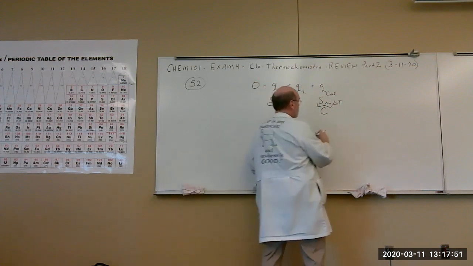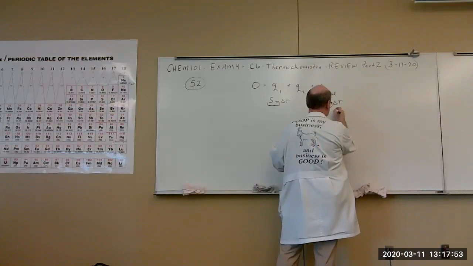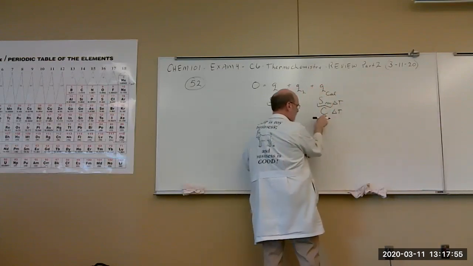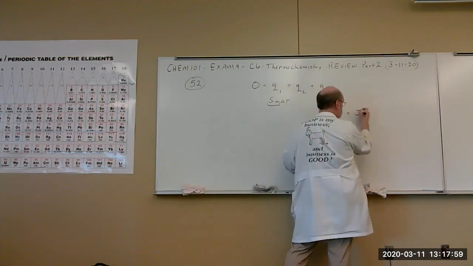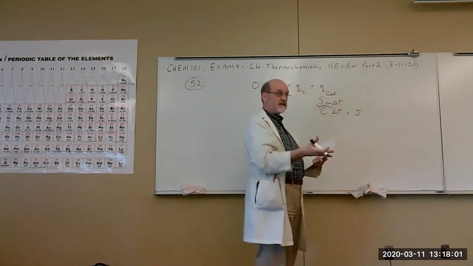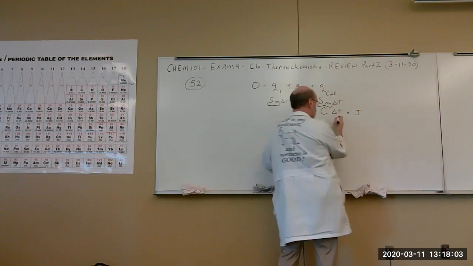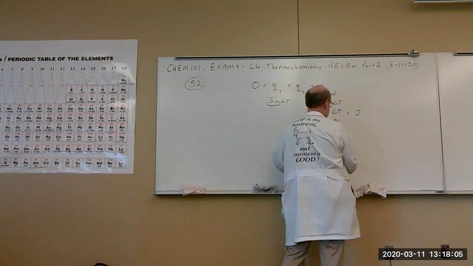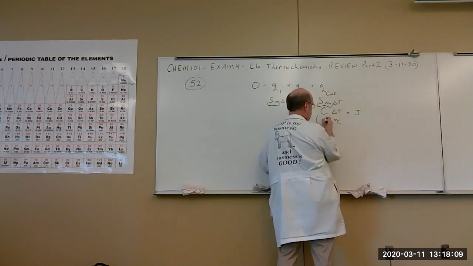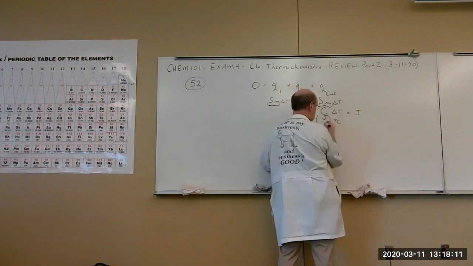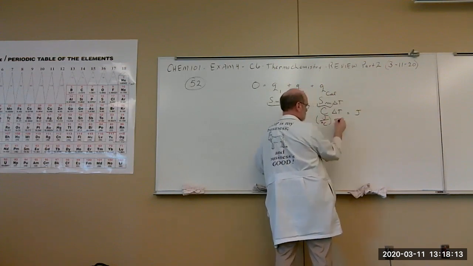So if this term, the calorimeter constant times the change in temperature, is supposed to be joules, it needs to be heat. That means this one is degree C. And what does this one have to be to give you joules? It has to be joules on top, degree C on the bottom.